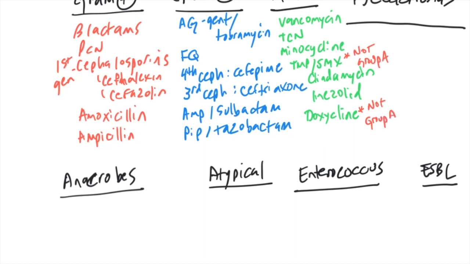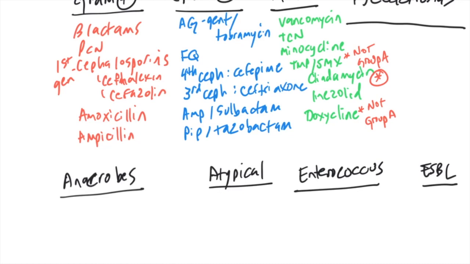So if you have somebody who is on trimethoprim sulfamethoxazole for a cellulitis, but they don't get better after a few days, then perhaps this person has group A strep. If that's the case, you'll want to switch to clindamycin.